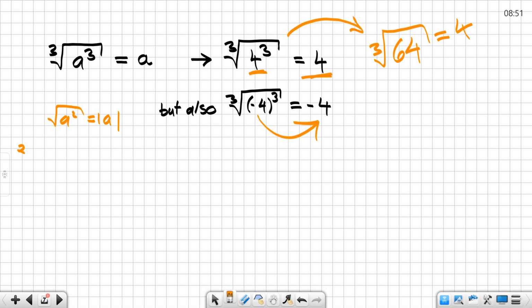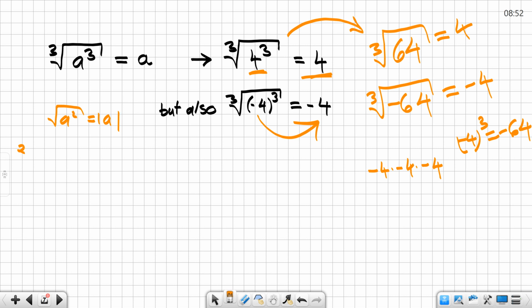This is just a negative 4, not the absolute value of a negative 4, because if I would go the long way, well, what is a negative 4 times negative 4 times negative 4? That is a negative 64. And the cubic root out of a negative 64 is negative 4. Why? Because a negative 4 cubed is negative 64. So we are going to go a little bit back and forwards here.